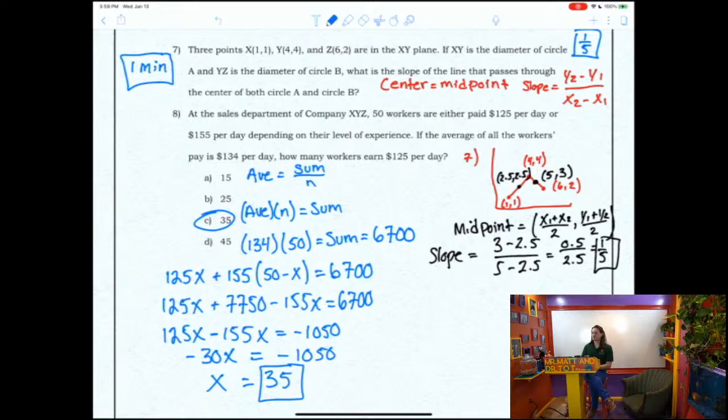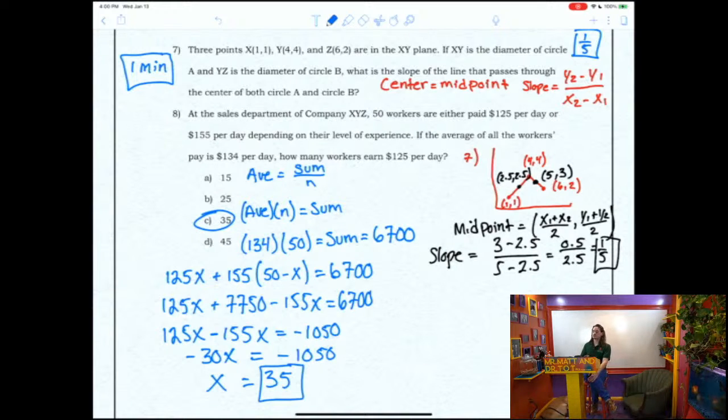So we can set up an equation saying that $125 times x, the number of workers who make $125, plus $155 times the quantity of 50 minus x, the total number of workers minus the number of workers who make $125, which should represent the number of workers who make $155, is equal to 6,700.